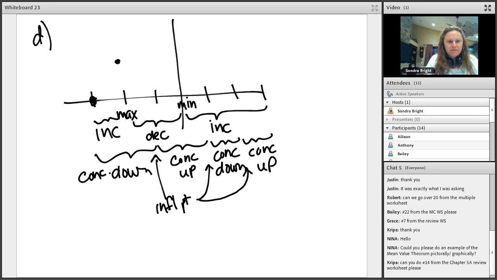So we'll go like that. And then it's concave up. This is still connected. And then it was concave down, but then it went to concave up. And so that's the graph I did on there.